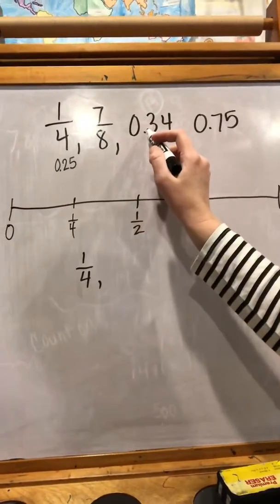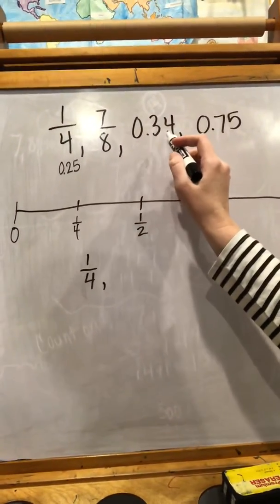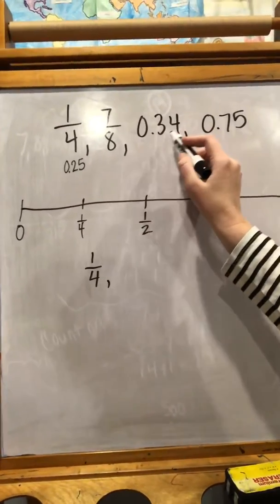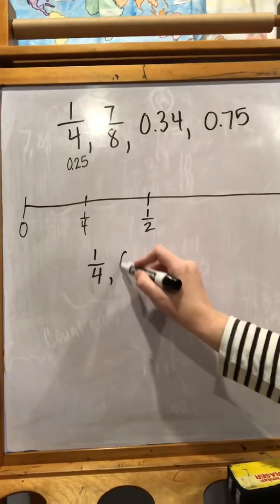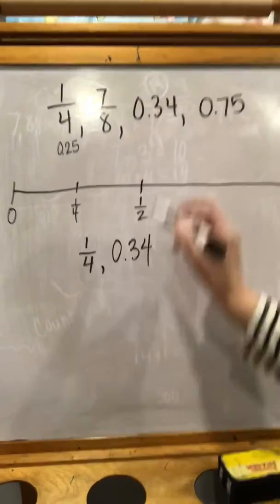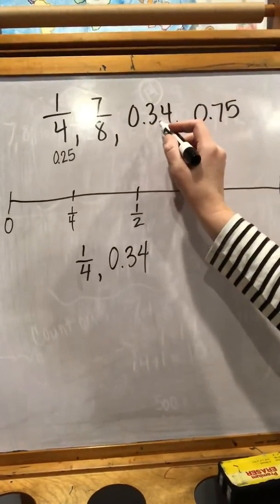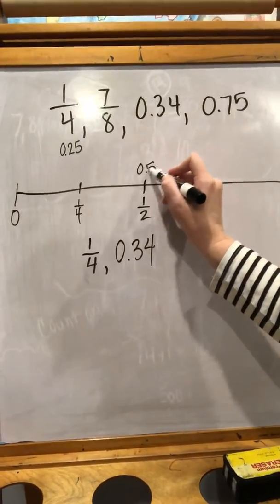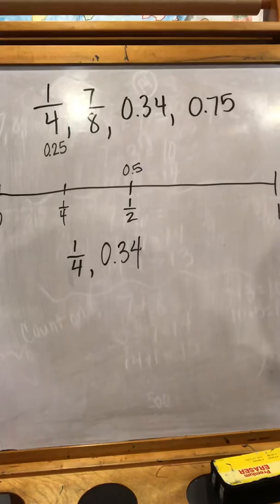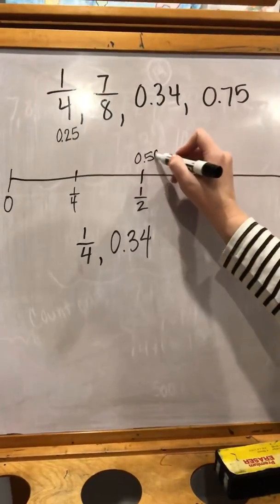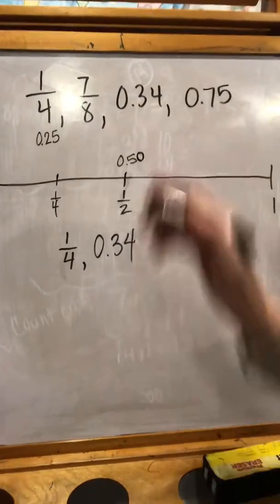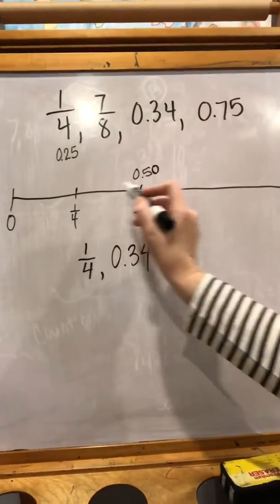And I know that 34 hundredths is definitely not close to 1. So I'm going to think that 0 and 34 hundredths is going to be next in my order here. 0 and 34 hundredths is less than half because I know that 1/2 is equal to 5/10. Or if you want to look at it in terms of hundredths, that's equivalent to 50 hundredths. So I know that my 34 hundredths is going to be less than that.